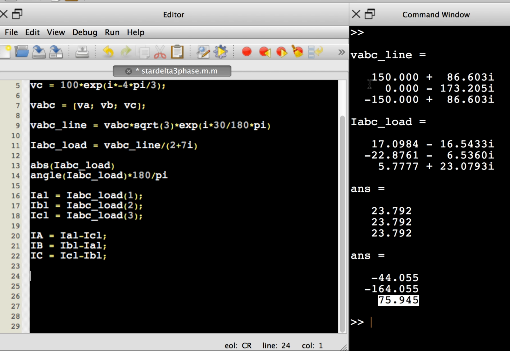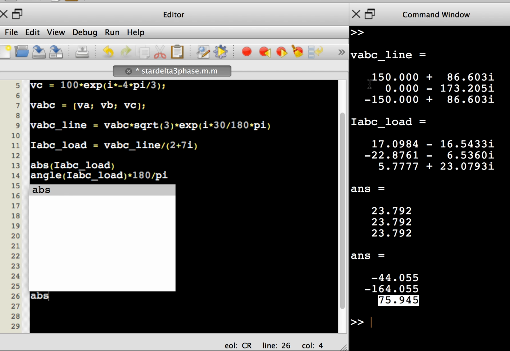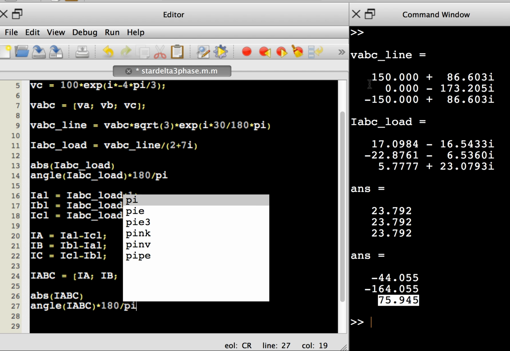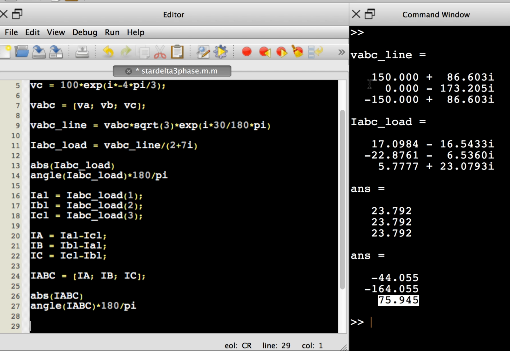If I define IABC as a matrix of line currents, I combine these three currents and display their absolute value of IABC and angle of IABC. This will be in radians, so multiply by 180 and divide by pi to get it in degrees. So this is what the line currents are.